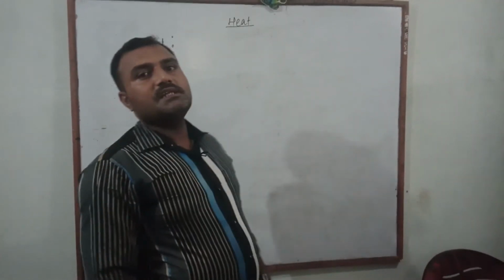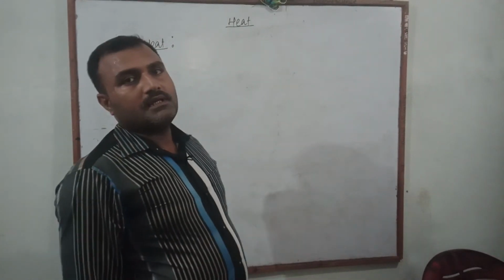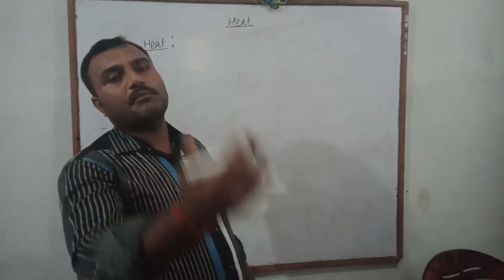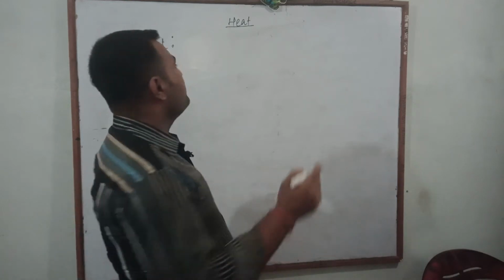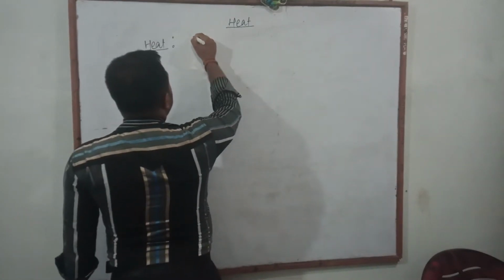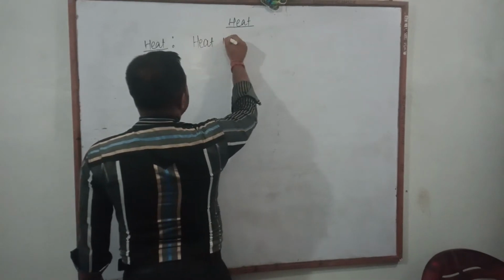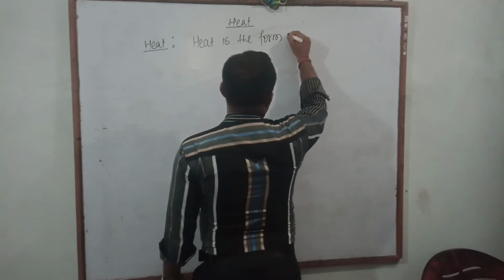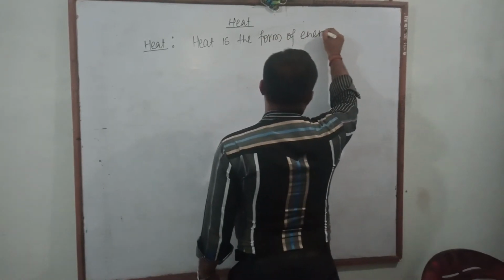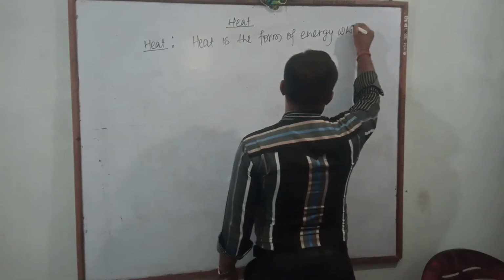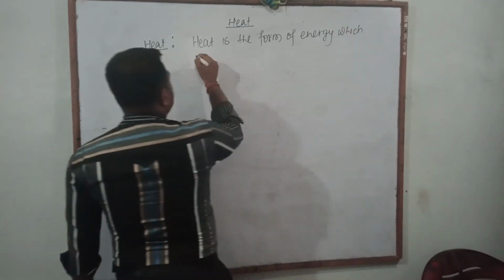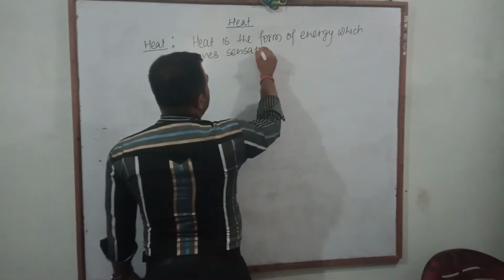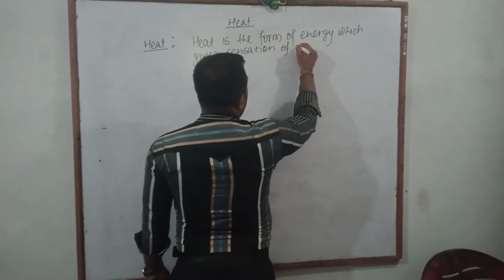In the form of energy also we can define it. Heat causes the sensation of warmth, and we define it like this: heat is the form of energy which gives the sensation of warmth.